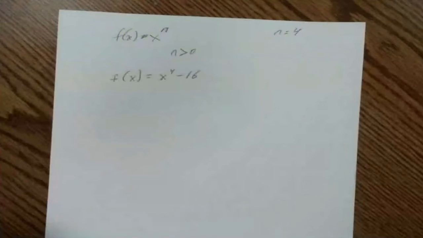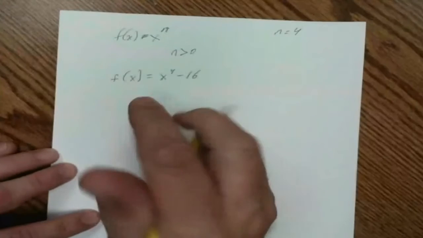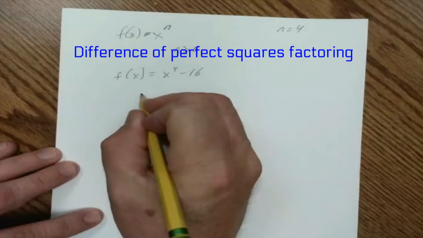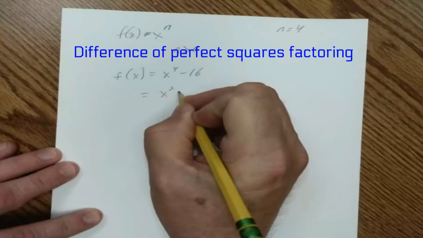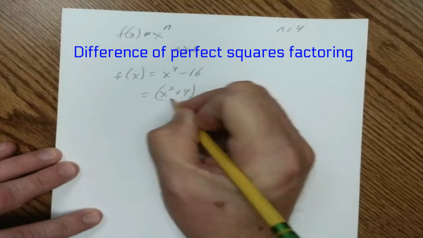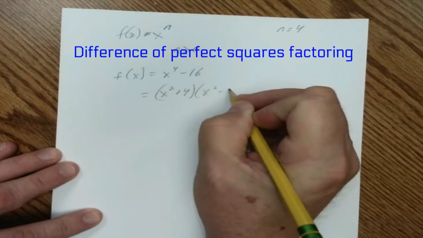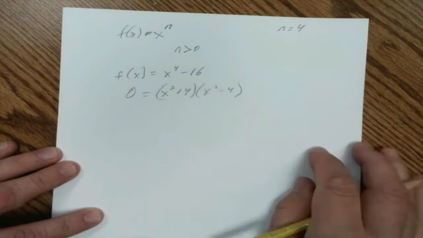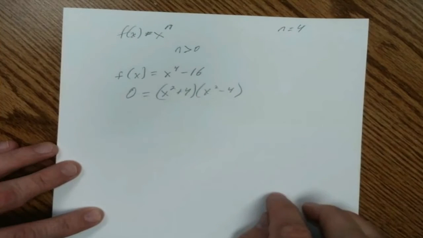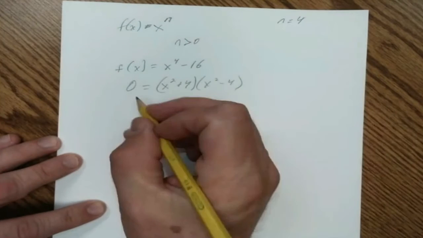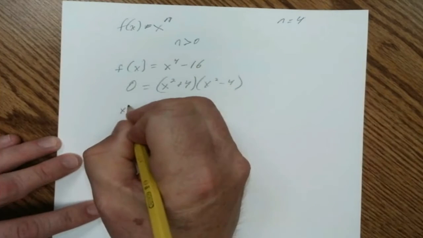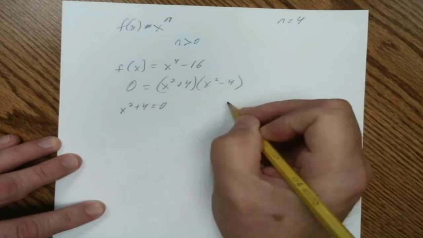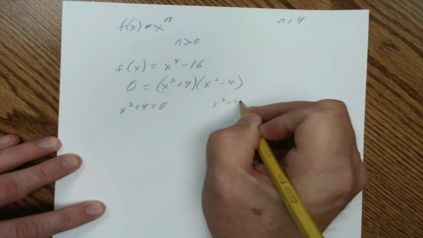If we look at this algebraically, let's factor this. This is the same as x squared plus 4 times x squared minus 4, and let's say it equals 0 because we're trying to find the zeros of it. So this one is x squared plus 4 equals 0, and over here is x squared minus 4 equals 0.